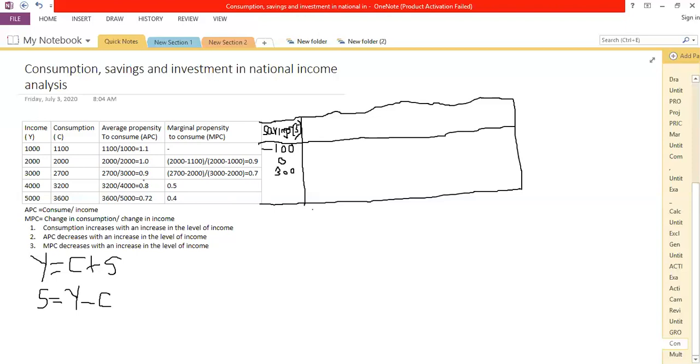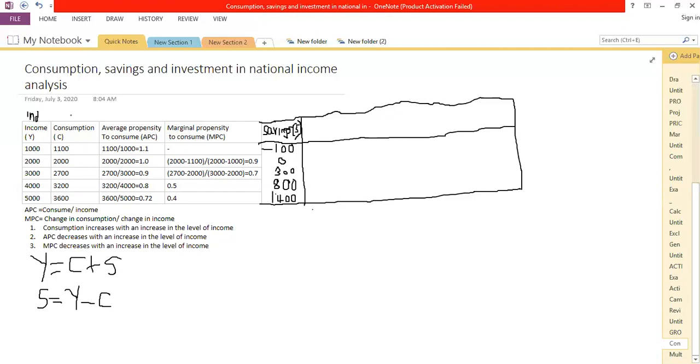Then when we have 3,200 and the level of the income was at 4,000, you can see we have some savings of around 800. And finally, when we are consuming 3,600 and the income was at 5,000, we have around 1,400 as our savings. So what is that you're able to relate between savings and the level of the income? Again, our income here is our independent variable.